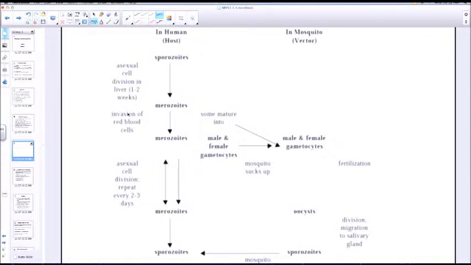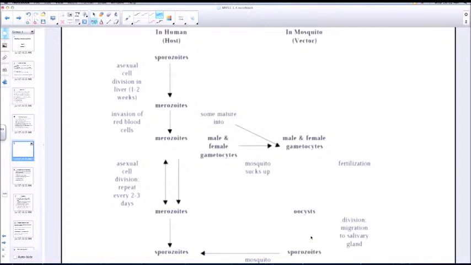And then when they mature, they become merozoites and spread in the blood. And here's what happens. When the mosquito bites this human host and sucks the blood, the mosquito could fertilize and produce the eggs, produce tons of sporozoites.